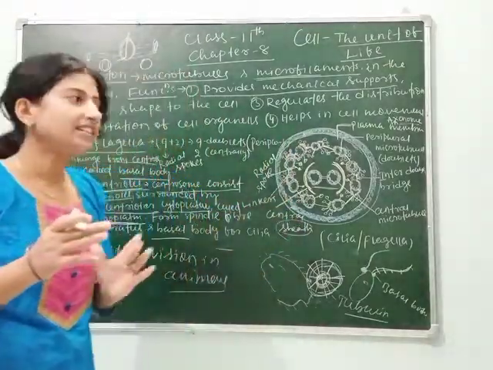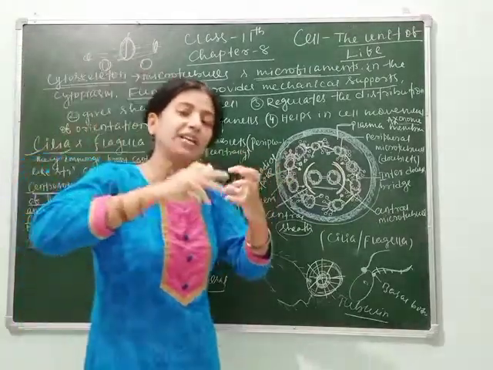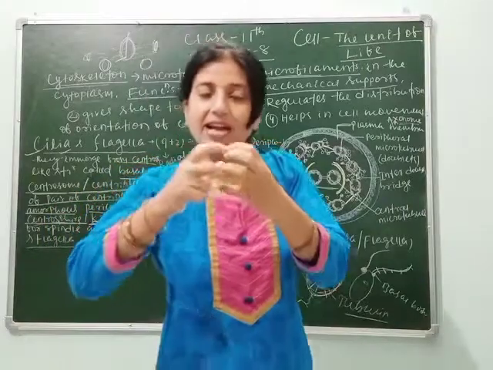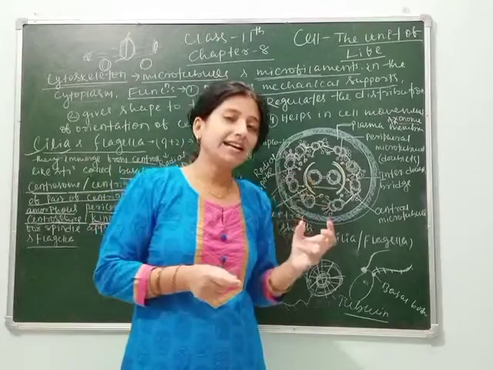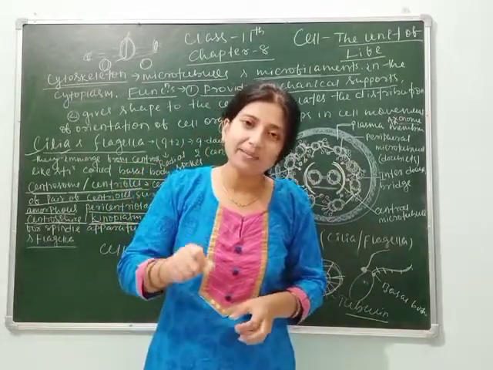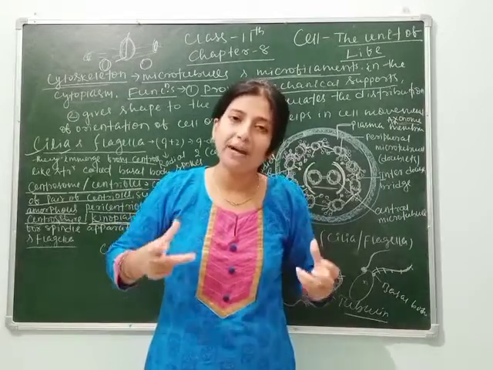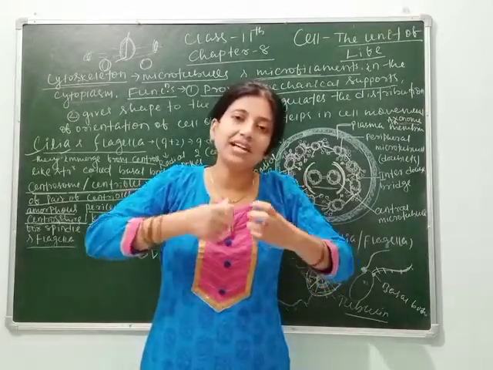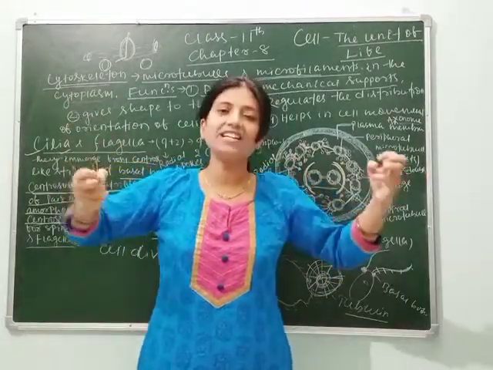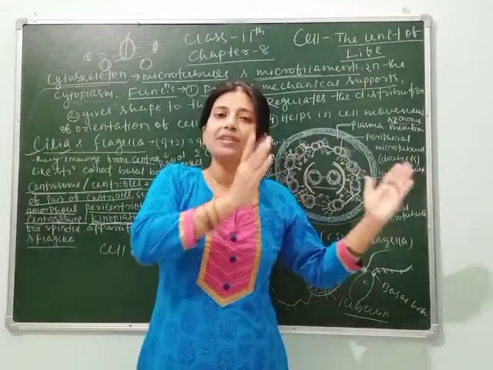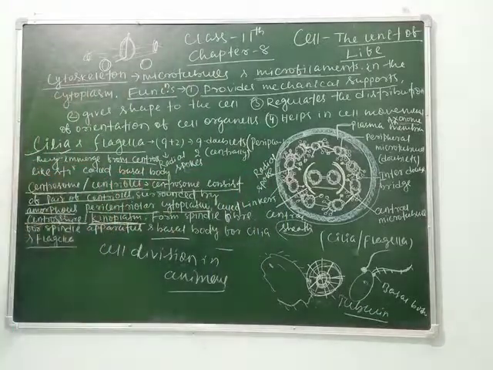They are present outside the nucleus but help in cell division, means when the genetic material is separated and given to the daughter cells, at that moment the centrosome produces spindle fibers, and these spindle fibers attach to the chromosomes and stretch them from both ends, due to which half the chromosomes go to one daughter cell, whereas the other half go to the other daughter cell.